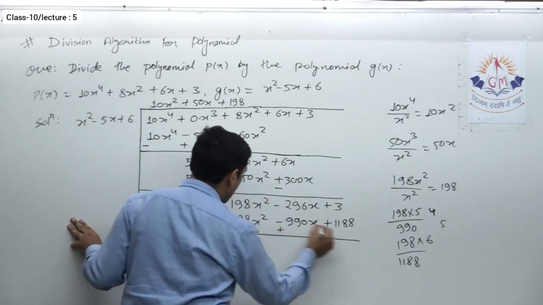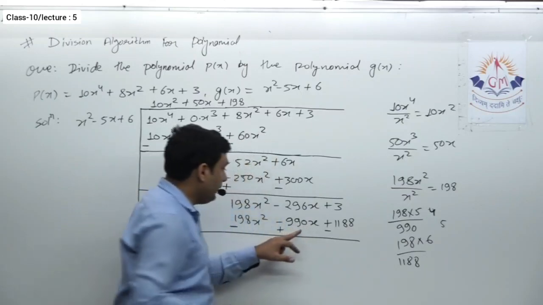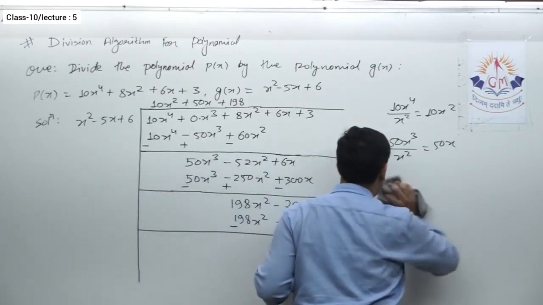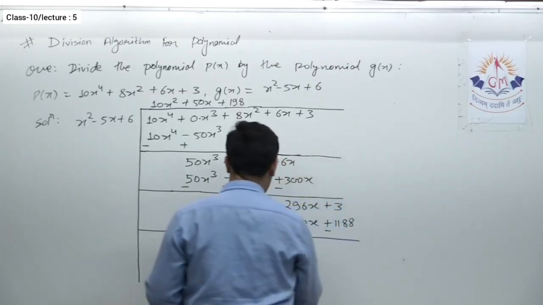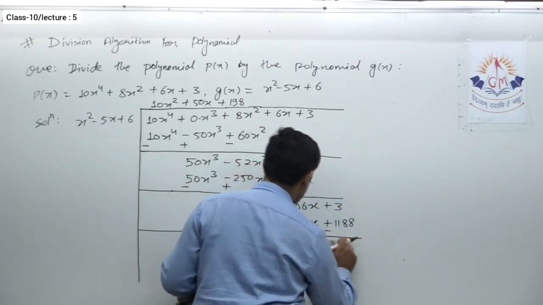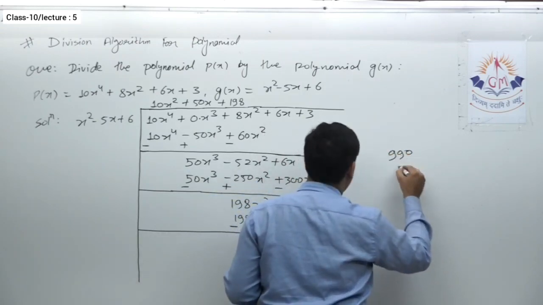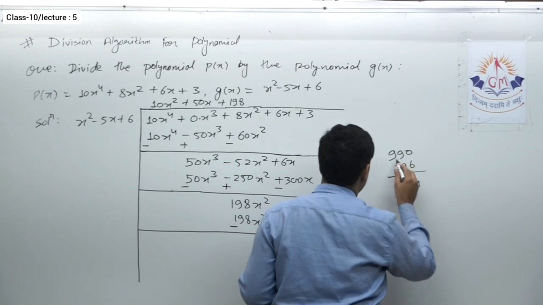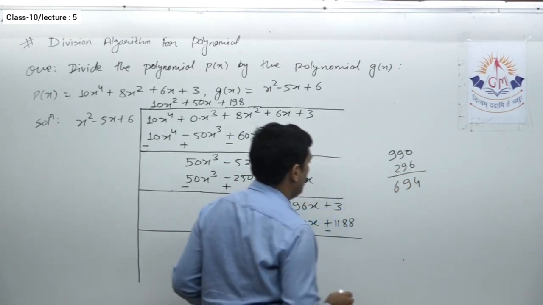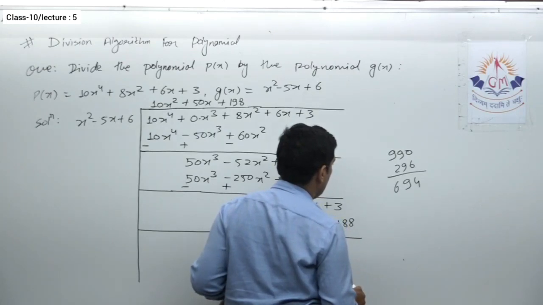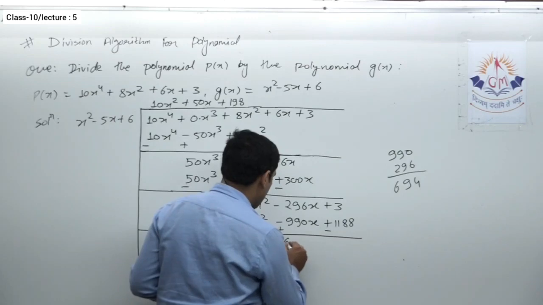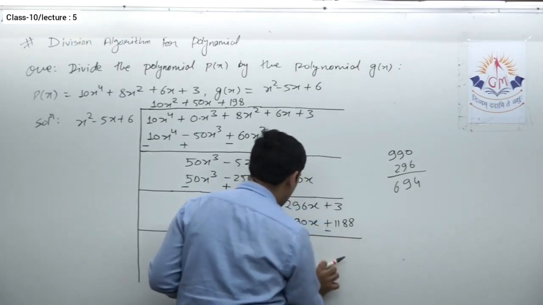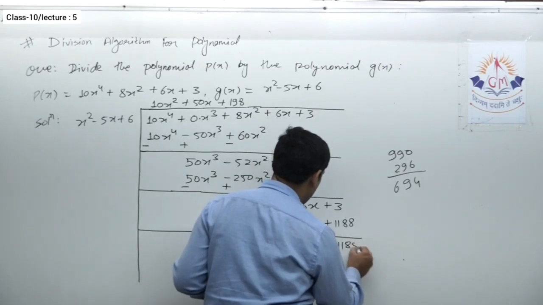Now over here again I will subtract. So minus plus minus. This will cancel out. Here 990x minus 296x, so you have to subtract 296 from 990, so here it should be 694x, and here minus 1185.